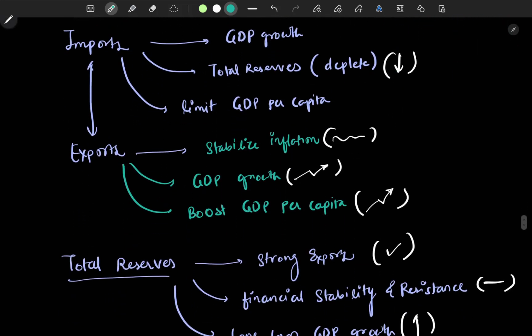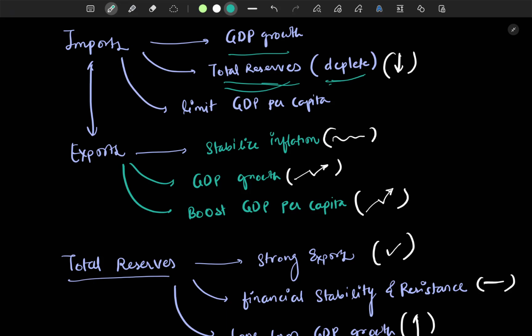Imports and exports. Imports are dependent upon the GDP growth and total reserves. Suppose imports are very high, then we are going to deploy our currency, and the depletion in the reserves will cause our currency to get weak, so we need to add more into the reserves, typically gold and US dollars.